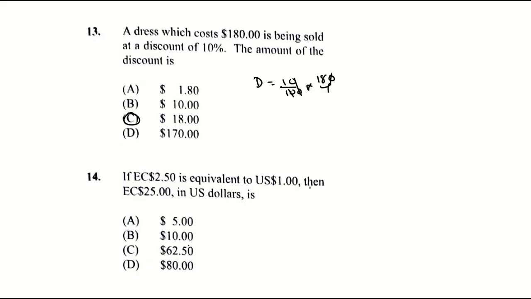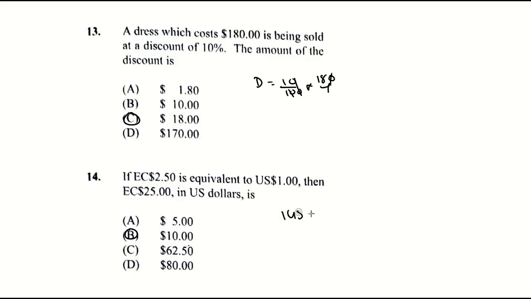If EC $2.50 is equivalent to 1 US, so 2.50 is 1 US, then what is $25? What you could have possibly done is take these amounts and multiply by 2.50 to see which is $10. So these are your US dollars, and you convert your US. It'll be easier to convert US to EC rather than convert EC to US.